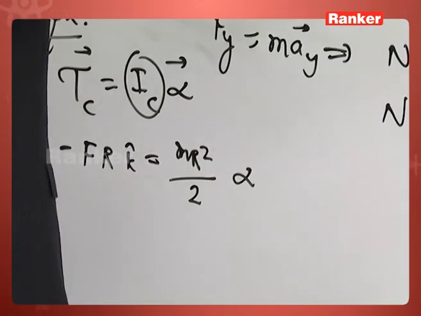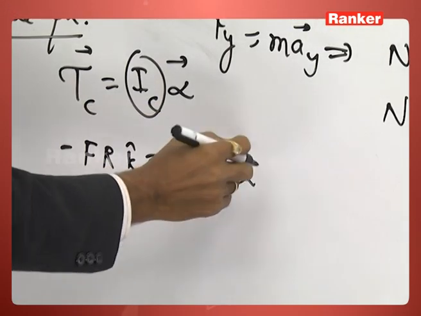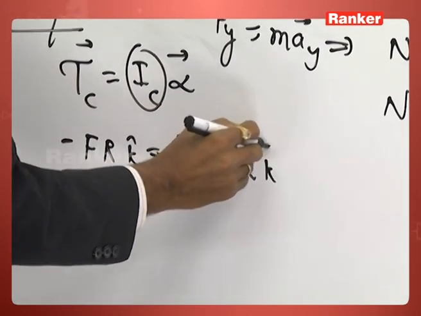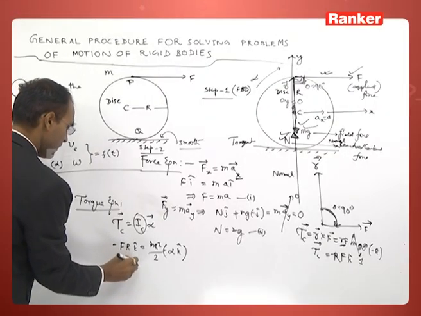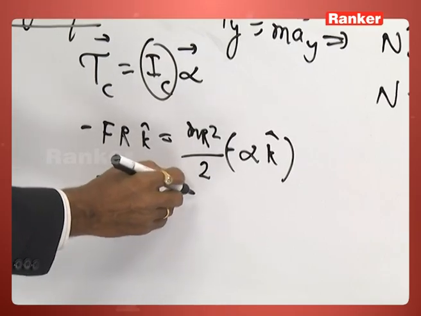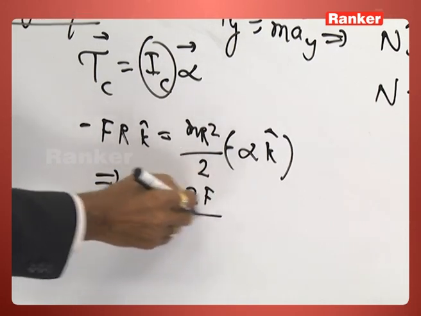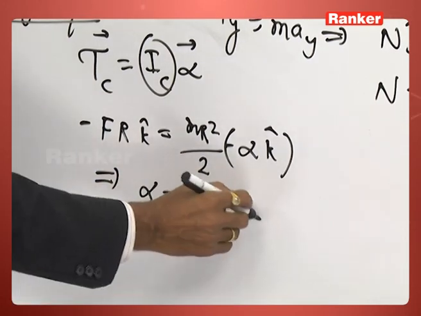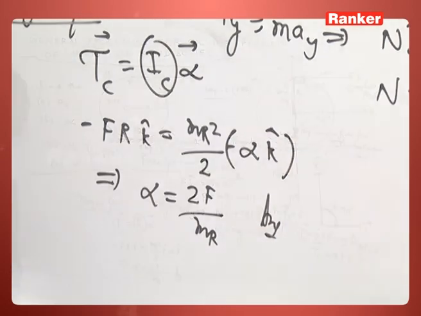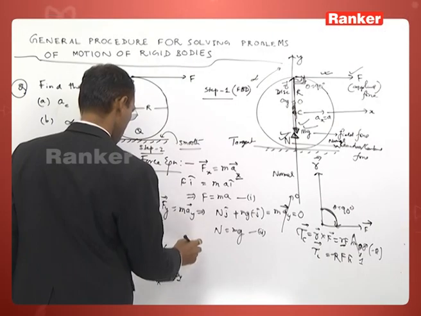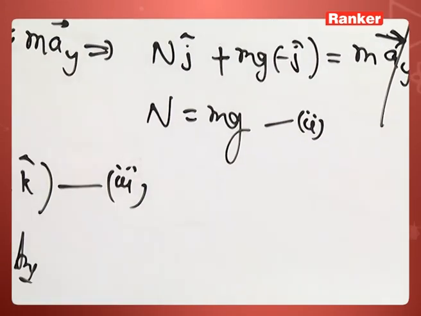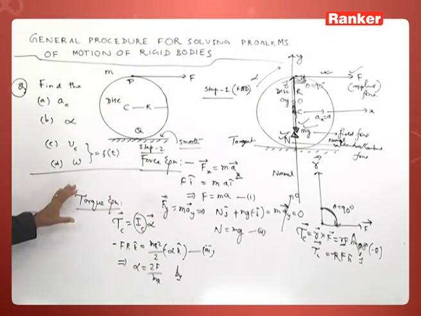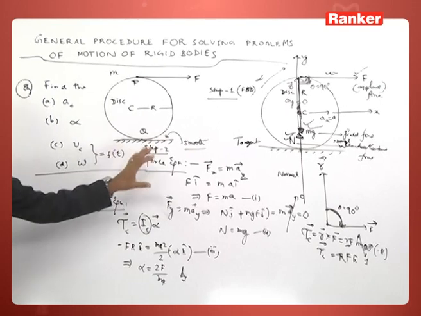When you assume it in clockwise sense, alpha vector is equal to minus alpha k cap. So this will give us alpha is equal to 2F by mR. This is equation number 3. So the torque equation is over. Force equations are over.